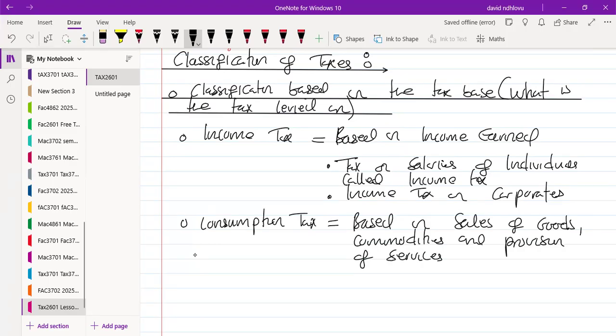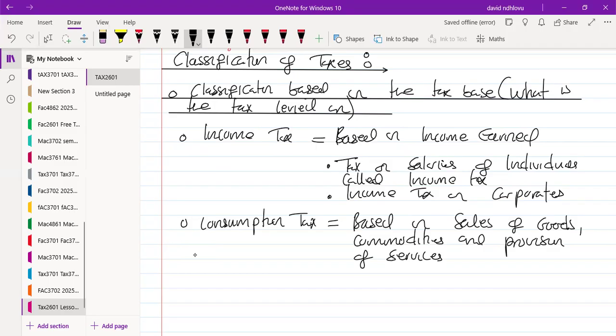So whenever there is an exchange of commodities or services, where a consideration or a charge is levied, then you are going to likely get consumption taxes.